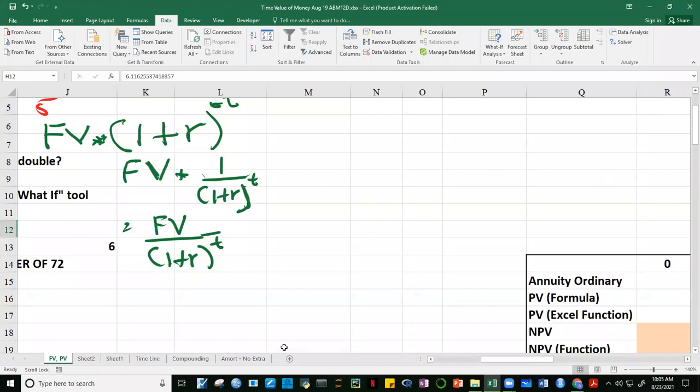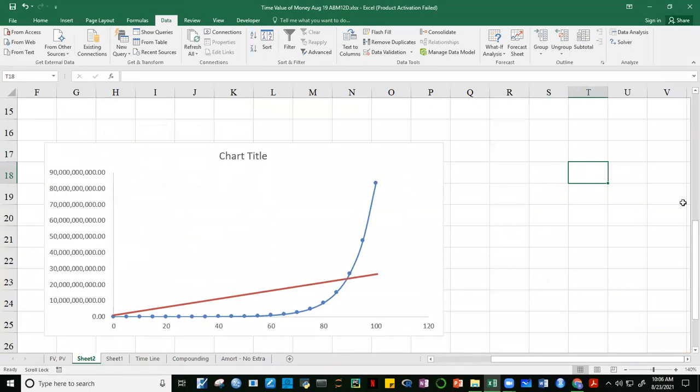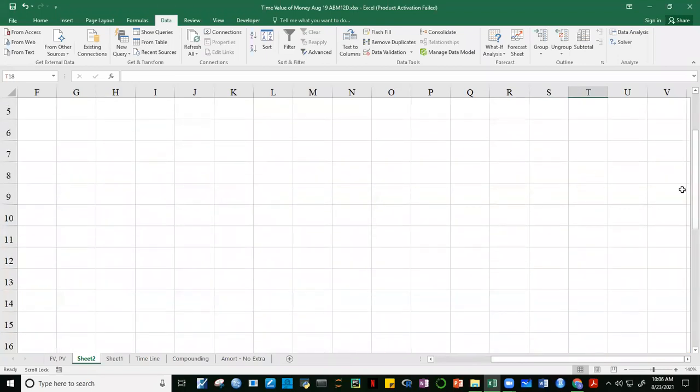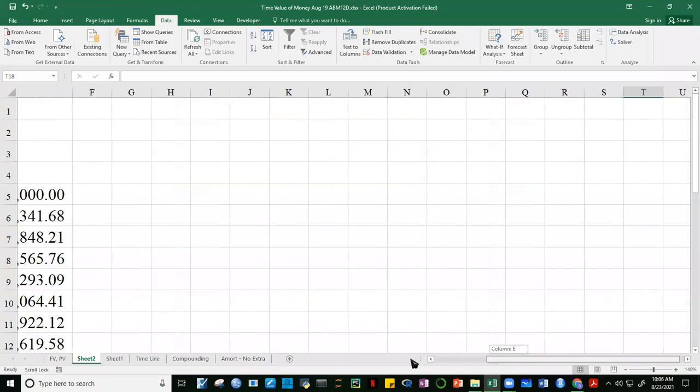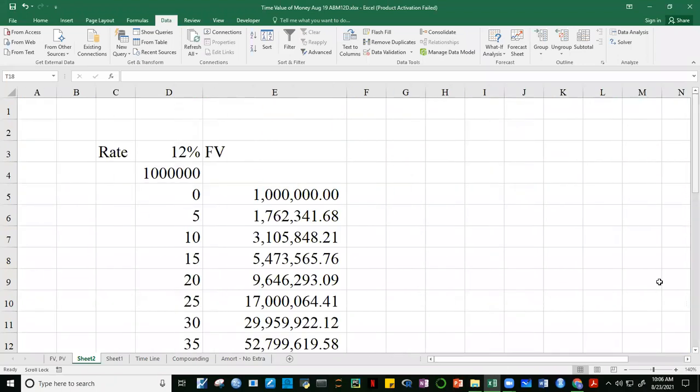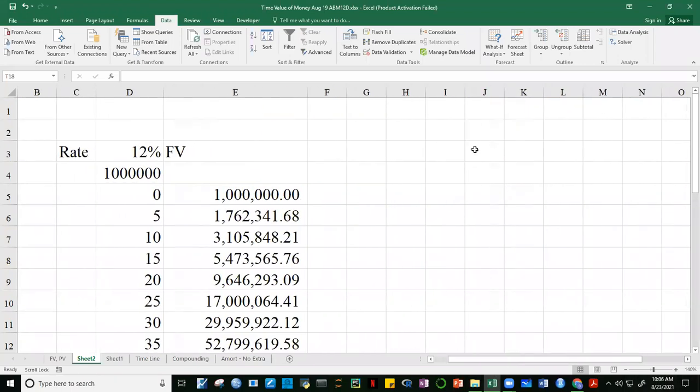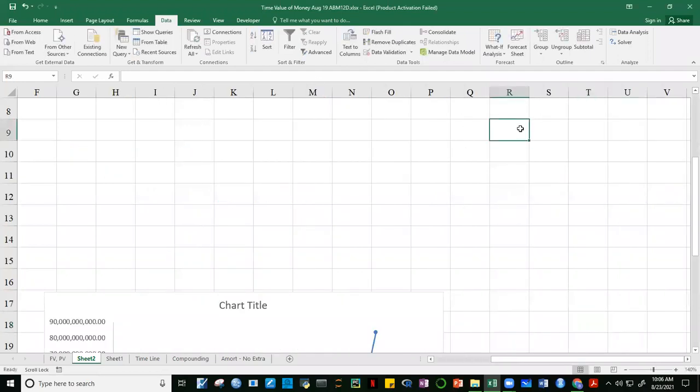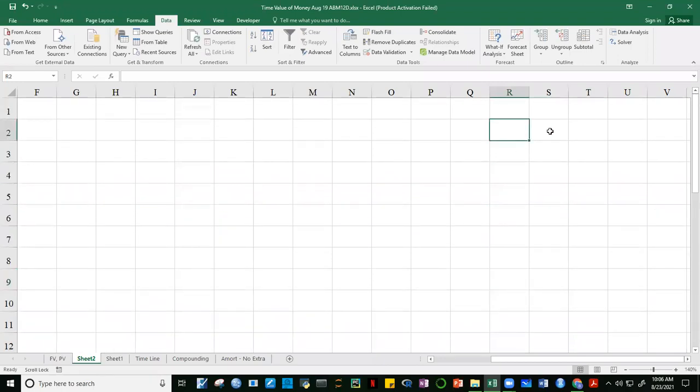Let's do that. Dito na lang sa sheet 2 natin. So dito lagay natin yung power of 72 natin. Okay, 72. Lagay ko 72 dito. Ito yung percentage natin, no?